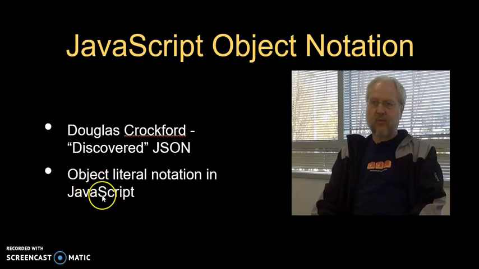But since Python was invented before JavaScript, Python syntax for dictionary and list influenced the syntax of JSON. So you can see the format of JSON is nearly identical to a combination of lists and dictionaries in Python.